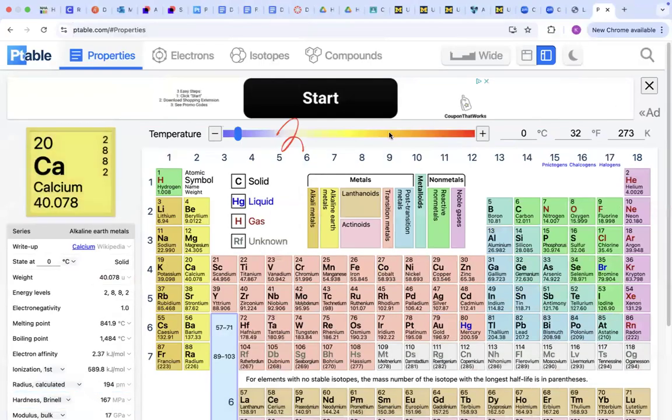All right, so we have two periodic trends. Let's do them in a whole different color, because why not?